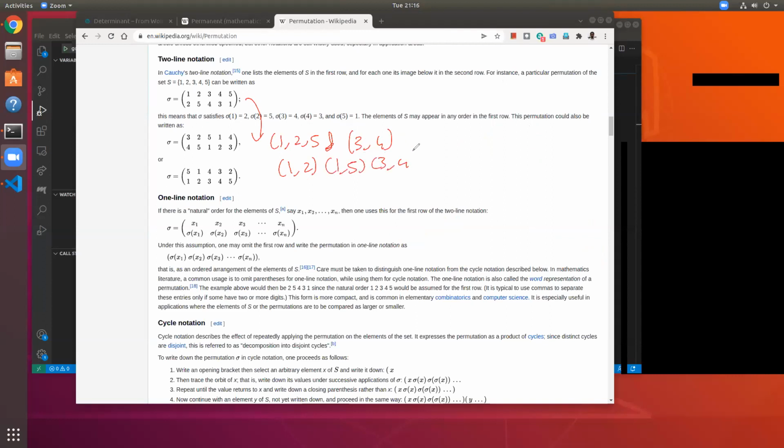So the permutation that we are seeing here has an odd number of transpositions, so its sign is negative. Are you with me here? (2 5) has only one transposition, so it's odd.